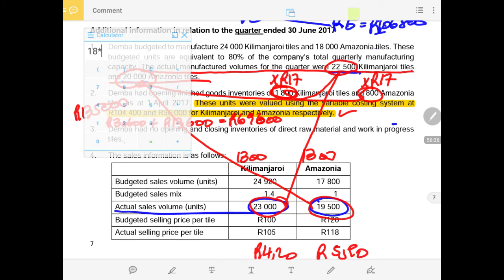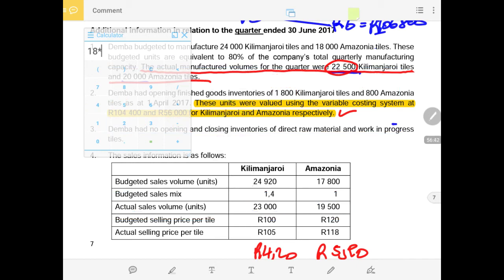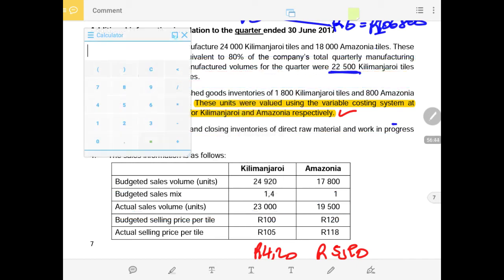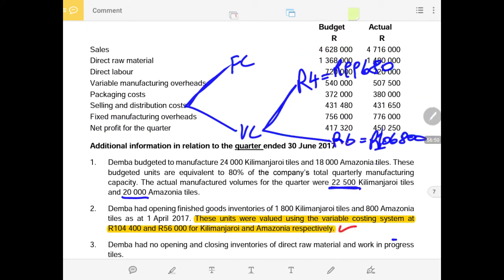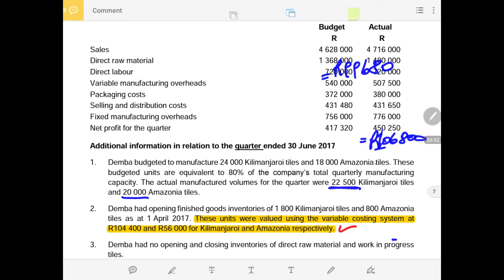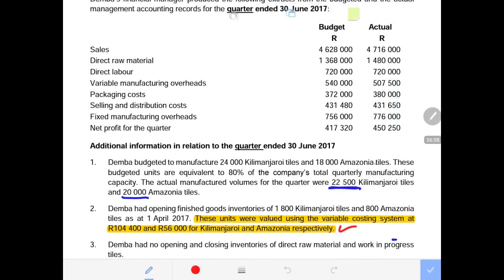Now let us look at that information. Then now we come to our actual fixed cost. We have fixed manufacturing overheads.